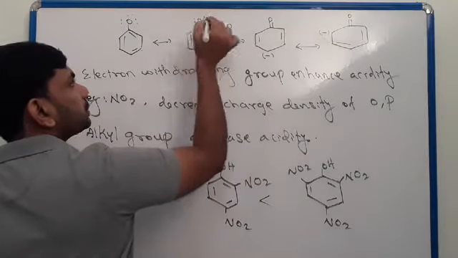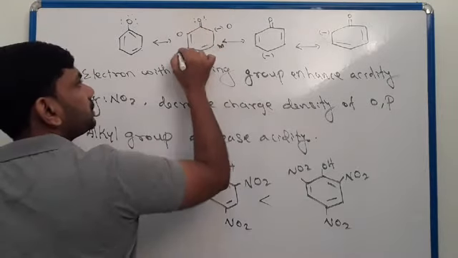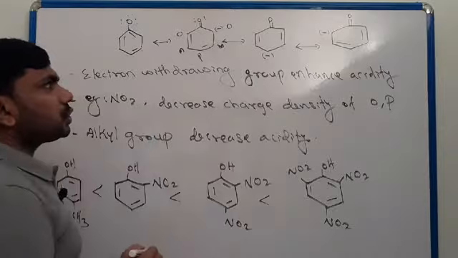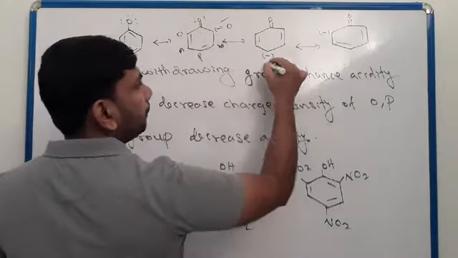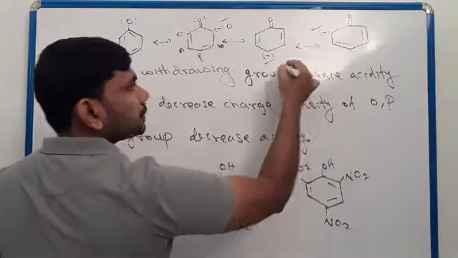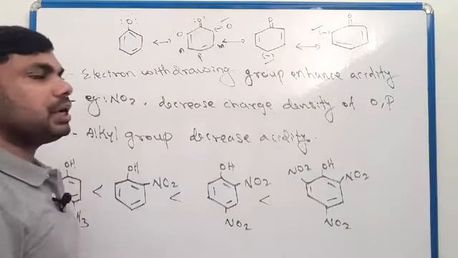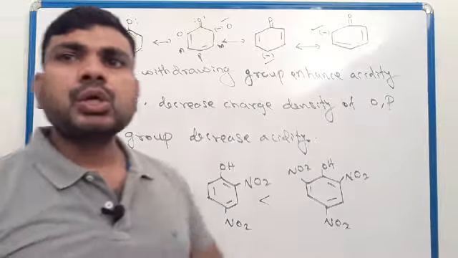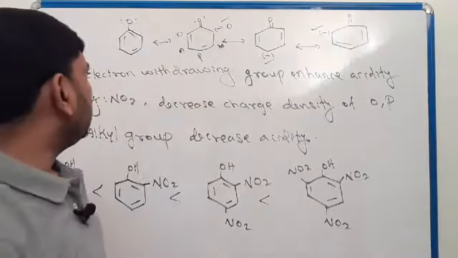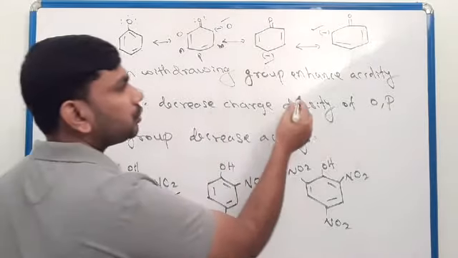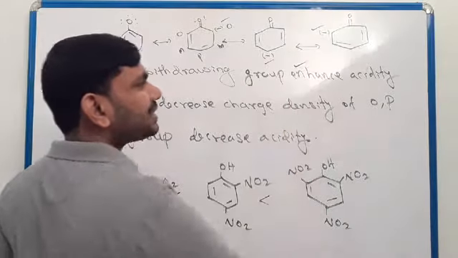So here this is also an ortho position, this is the meta position. So in the two ortho positions and one para position, there is a negative charge.